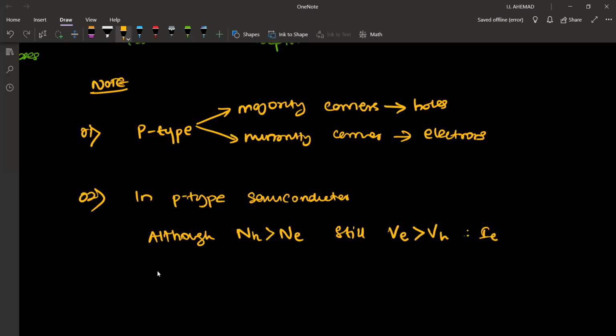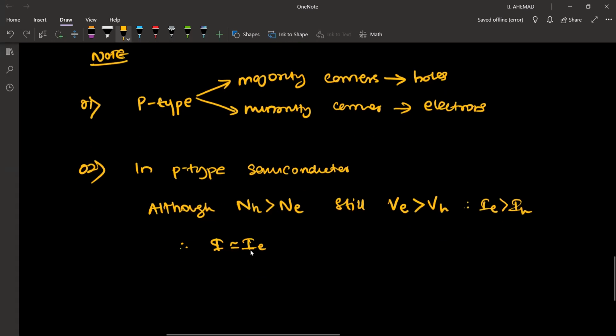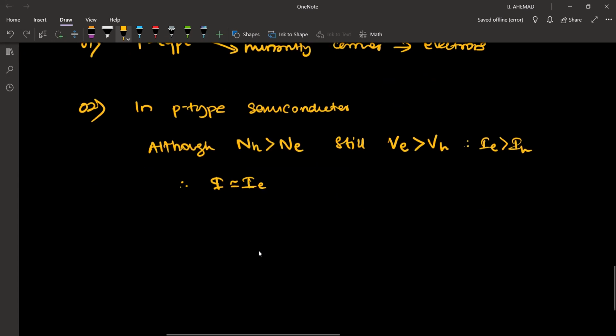Therefore, IE is greater than IH. Therefore, I is almost equal to IE. Although the number of holes is greater, still the current due to electron flow is significant.